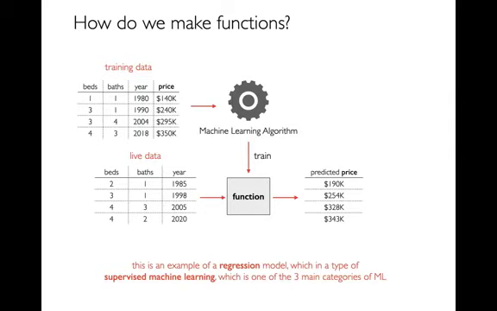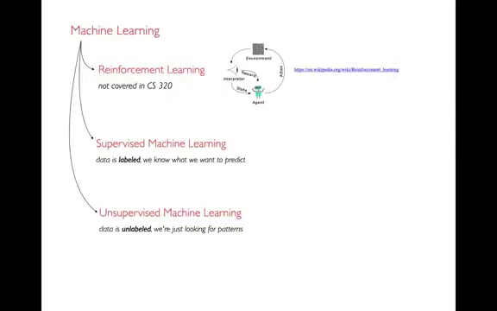So I'm going to start broad now and talk about these three areas, and then we're going to be talking about regression in more detail, and I'll actually explain what it is. The three main areas of machine learning are reinforcement learning, which is basically a situation where you have to make a series of decisions, and you're trying to optimize some sort of reward. So you could imagine some sort of robot moving around in the world and picking up coins or something like that.